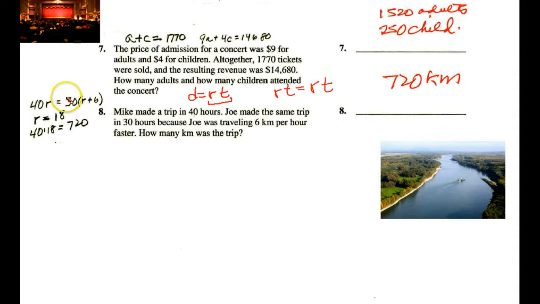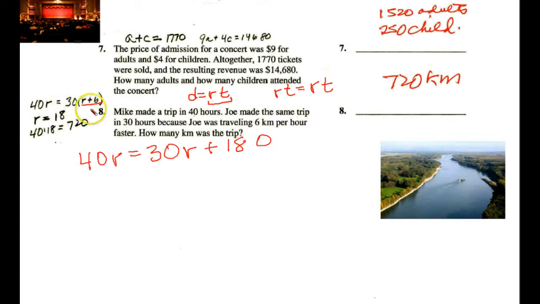The other fella does the same distance in 30 hours, but his rate is the same as this, plus 6 kilometers an hour faster. So there's our first equation, and we're only using one variable for this.